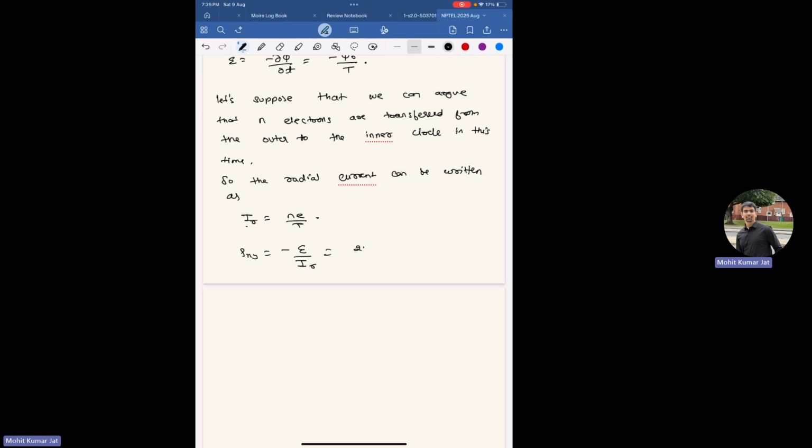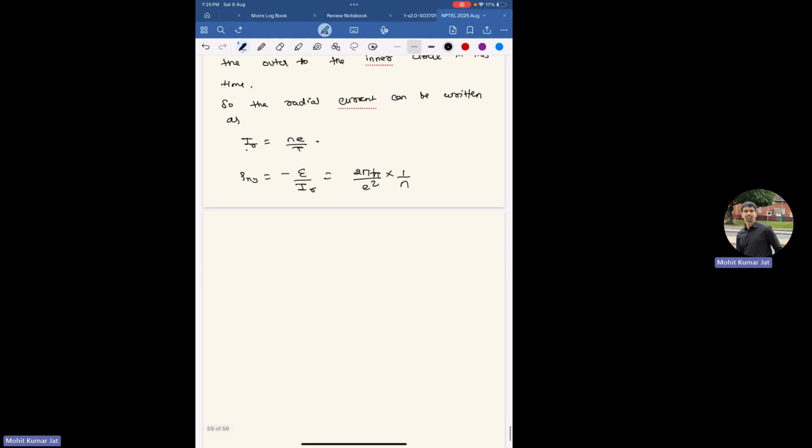Your EMF you have written as 2 pi h bar by e, so rho xy equals h by e square times 1 by n, right? And this is the result which we wanted.